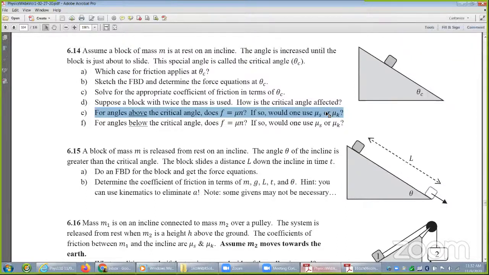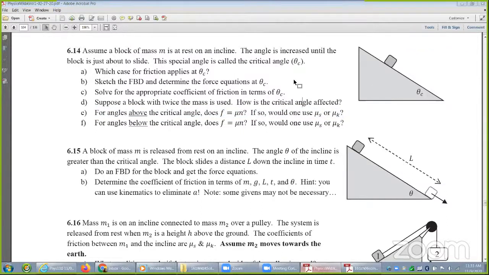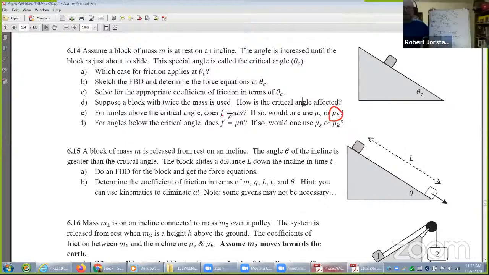It slips, right? Yeah, so could we use F equals mu N? Yeah. Which coefficient would we use? The K. Absolutely. Perfect. Don't overthink it. You got it right.